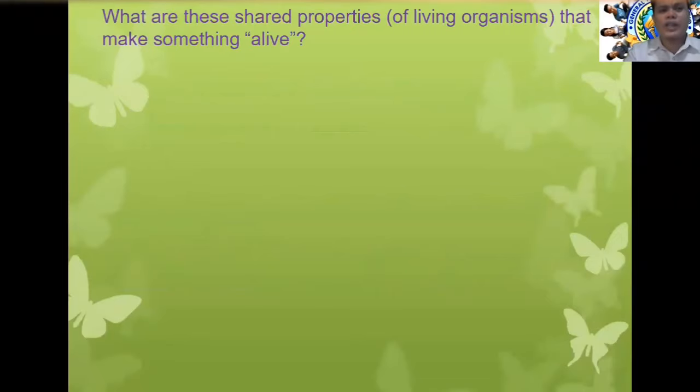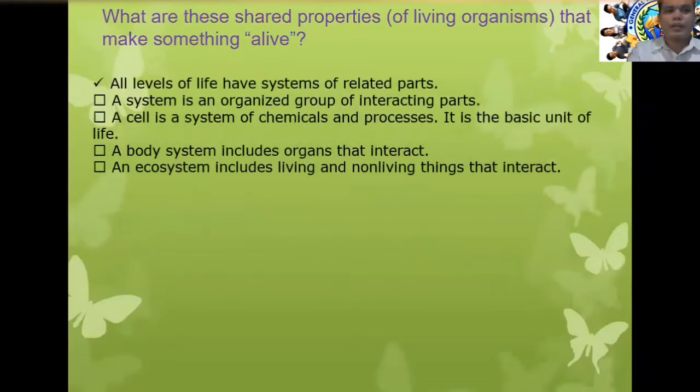Now, what are the shared properties of living organisms that make something alive? Ito yung mga shared properties of living organisms that make something alive. All levels of life have systems of related parts.